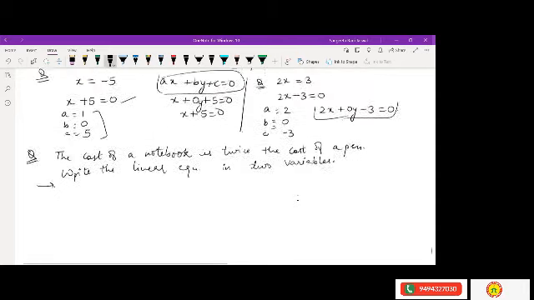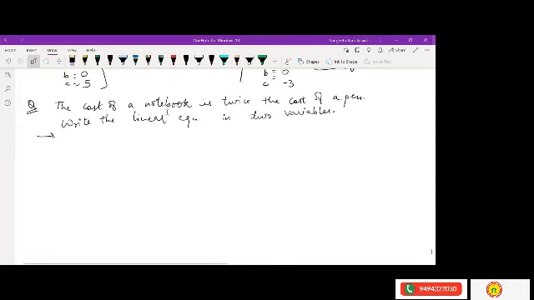Now see here, children. The cost of a notebook is twice the cost of the pen. We have to form a linear equation in two variables. So what can you do here? You let the number of notebooks be x and the number of pens be y. Can you take it like that? Yes, ma'am.